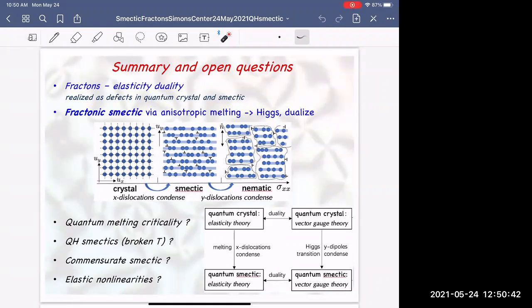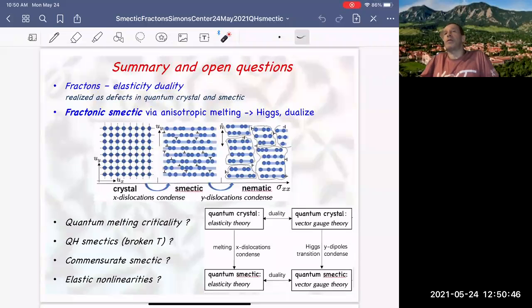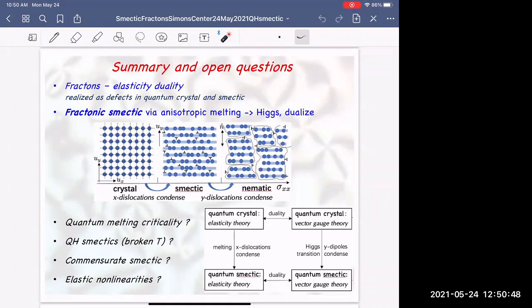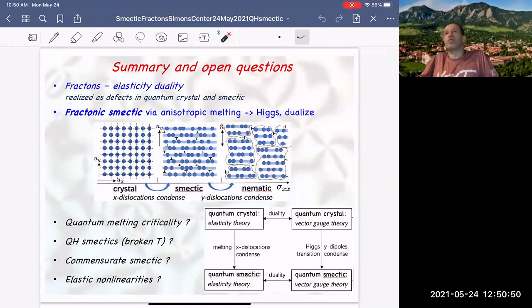Does it change the transition? Well, in 2D there's really no transition, strictly speaking, at finite temperature, because the 2D smectic is actually unstable. Once you unbind dislocations, it just undergoes a long crossover, and it's a very interesting crossover.